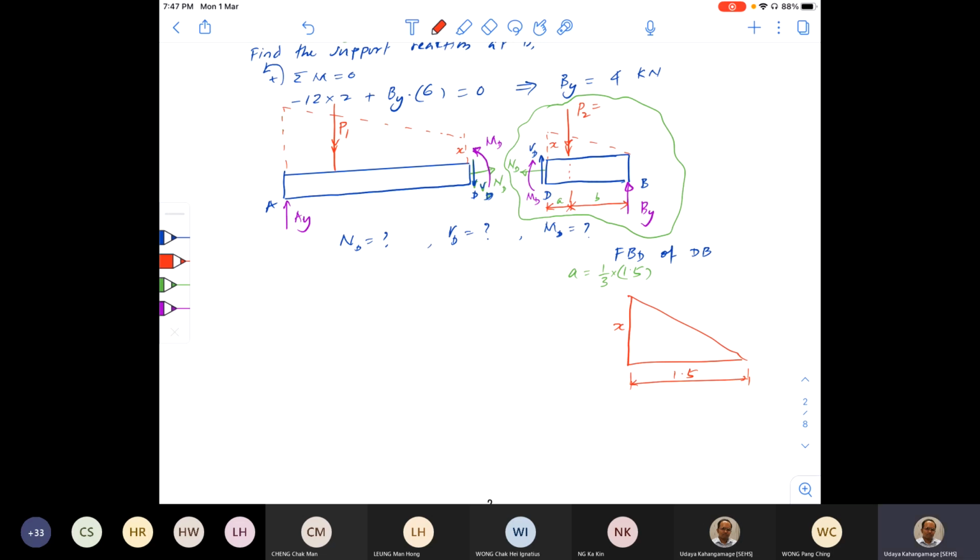Maybe I don't write anything at the moment. I will draw the whole triangle, and this is 4, and I mark X here and mark these positions.